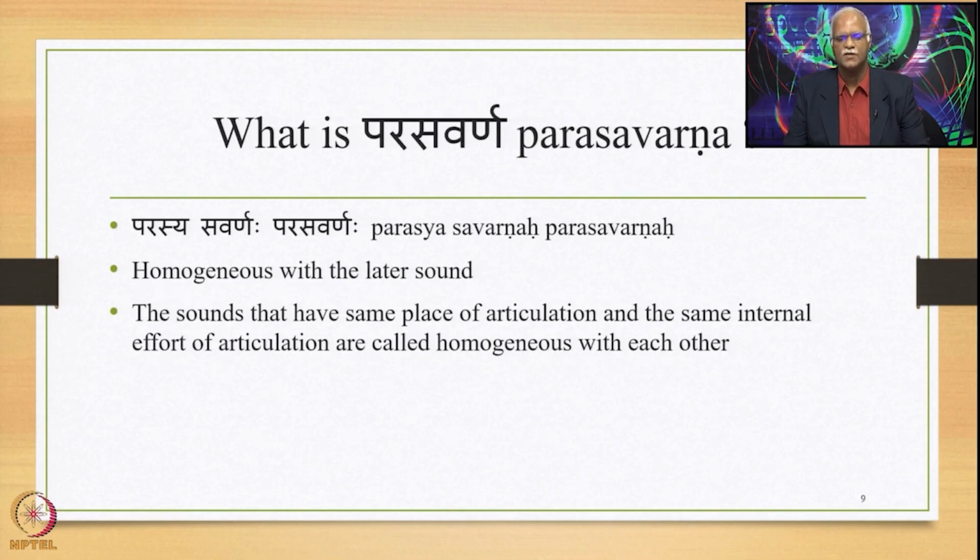Now, what is savarna? The sounds that have same place of articulation and the same internal effort of articulation, they are called homogeneous with each other. Tulyasya prayatnam savarnam. This is how savarna is defined.